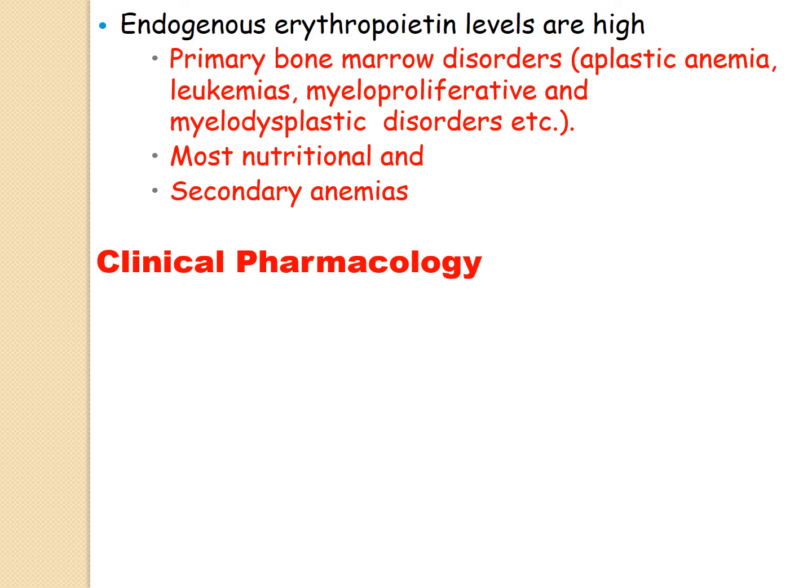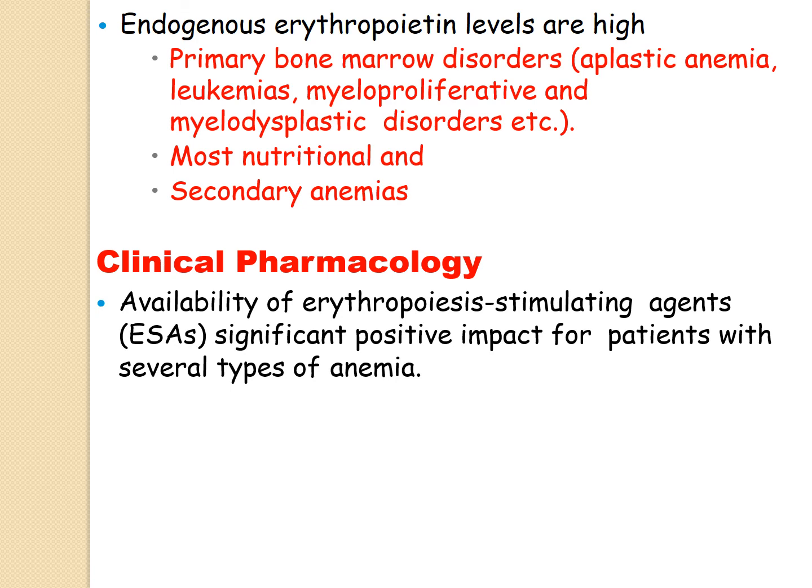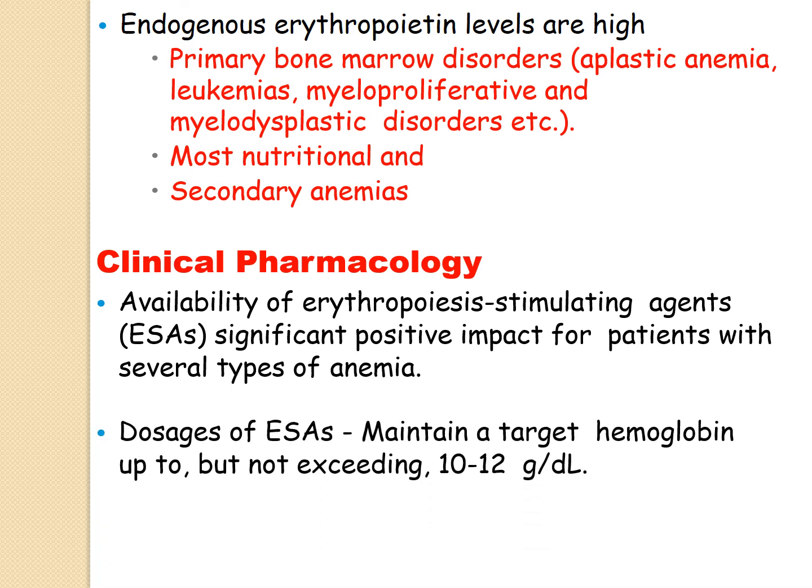Now, let us discuss the clinical pharmacology of these agents. The availability of erythropoiesis stimulating agents has had a significant positive impact for patients with several types of anemias. We use these agents to maintain a target hemoglobin up to but not exceeding 10 to 12 gram per deciliter.